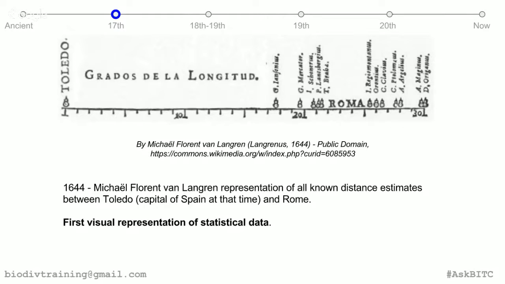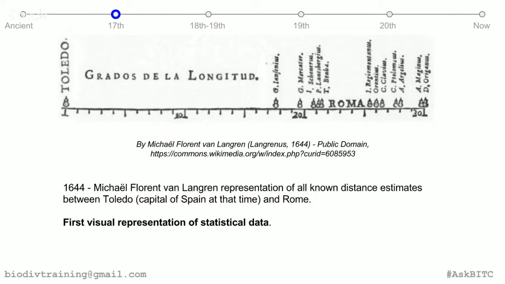What Langrenus, which is the Latinized name of this man, did was that he took all the known estimates of distances made between these two notable cities, Toledo, which was the capital of the Spanish Empire at that time, and Rome, which was and is a really important place in the world.